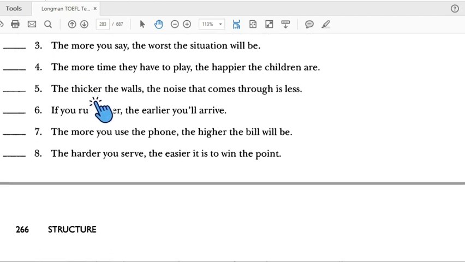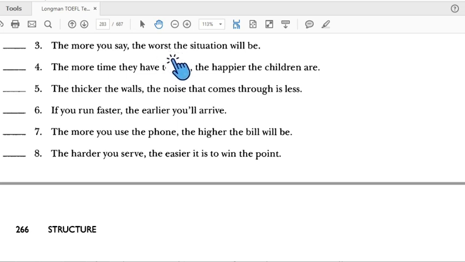Number three: "The more you say, the worst the situation will be." Okay, "the more", but in this one they used a superlative. We have to make this one a comparison too, so we have to change it to "the worse", not "the worst".